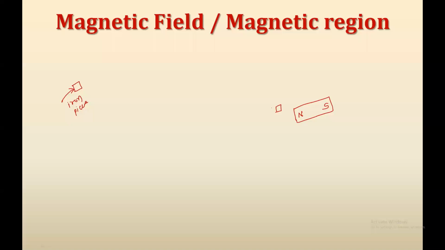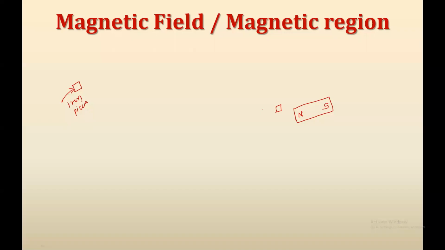When you bring this small iron piece near to this magnet, you will observe that from some point the force starts to be exerted. And when you move closer and closer to the magnet, you will observe that a large force exists on the small piece.